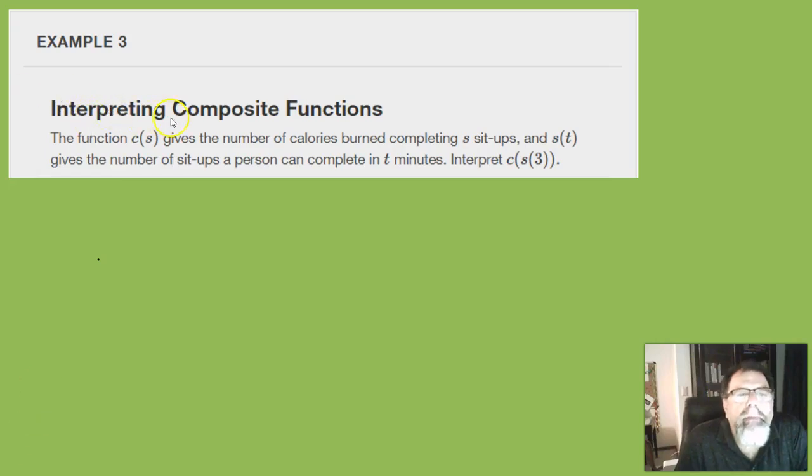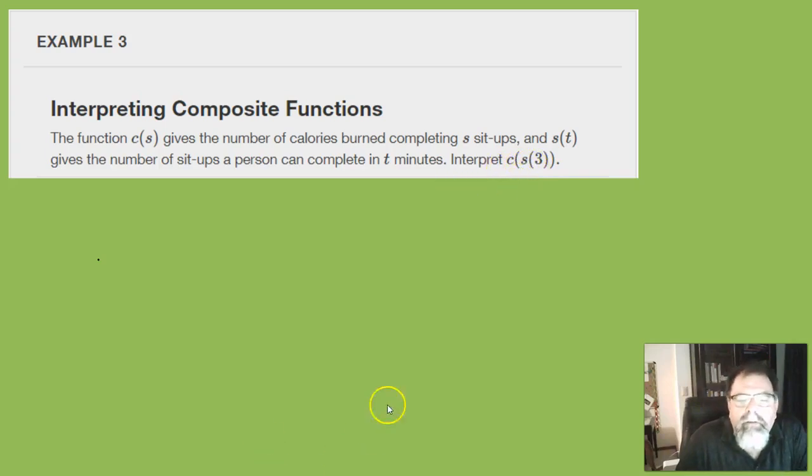Example 3, interpreting composite functions. The function c of s gives the number of calories burned completing s sit-ups. And s of t gives the number of sit-ups a person can complete in t minutes. So interpret the composition c of s of 3.